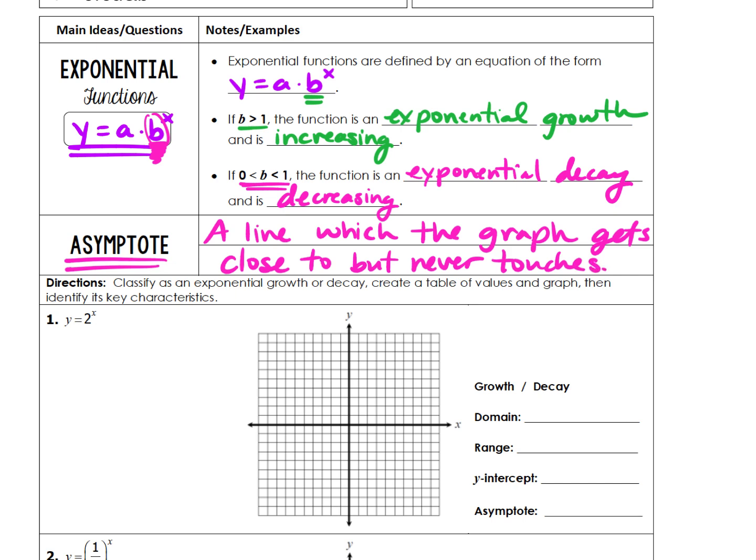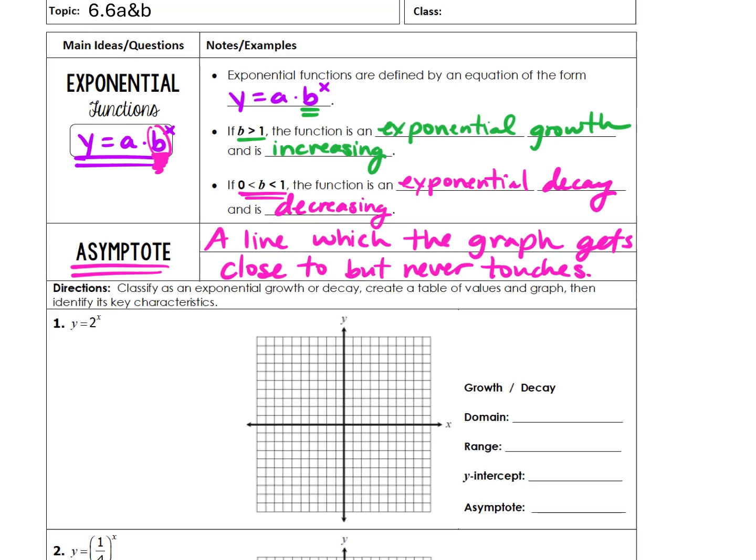So there's going to be this line that's kind of your cutoff point. We're never going to actually touch that line. It's always getting closer and closer to it, but it will never touch it no matter how far you go, which is kind of hard to wrap your brain around if the number is constantly decreasing. But it really does never touch that line. So that's called an asymptote.